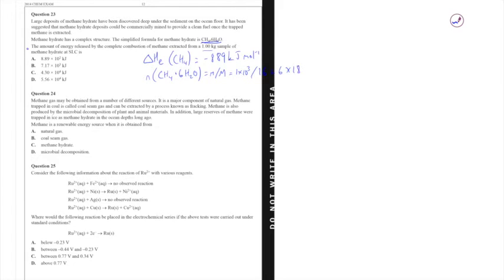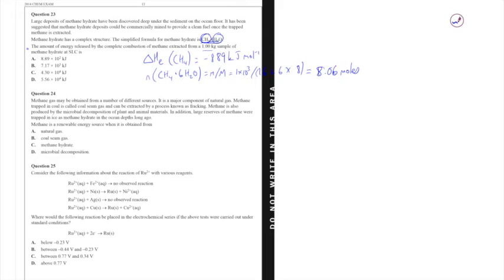So essentially what I've done here, methane component is 16 and then 6 times the 18 to account for the water. And that gives me the total moles for the methane hydrate as being 8.06 moles.